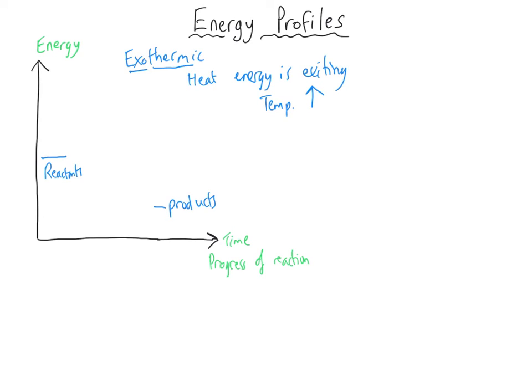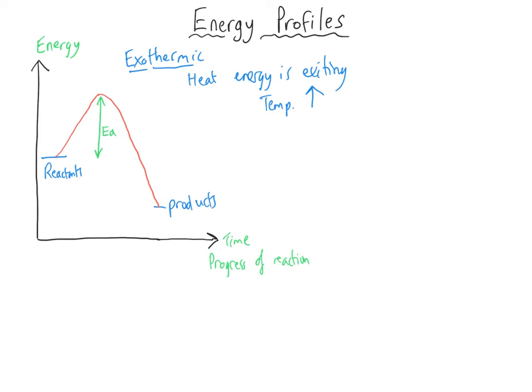Because as we learned earlier, energy needs to go in to start a chemical reaction off. So the chemicals have more energy than they had at the beginning. This is called the activation energy, the energy that the reactants need to gain to get the chemical reaction going. And then the reactants will lose their energy as they turn into the products.